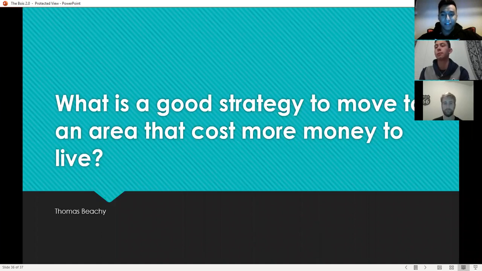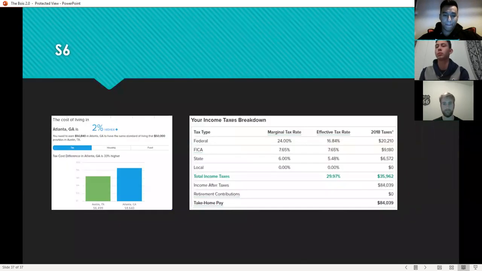What is a good strategy to move to an area that costs more money to live, Thomas? So some good strategies to move to an area that is more expensive are little things like saving or evaluating taxes. You can also look at the difference in income tax on the state, because in Texas we don't have income tax, and in most other states they do have income tax.